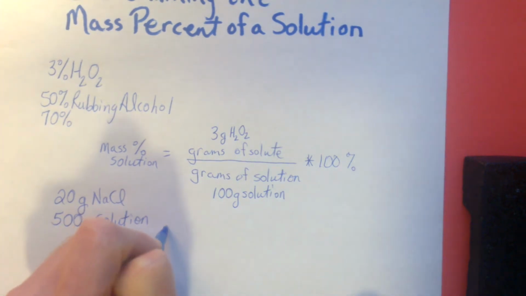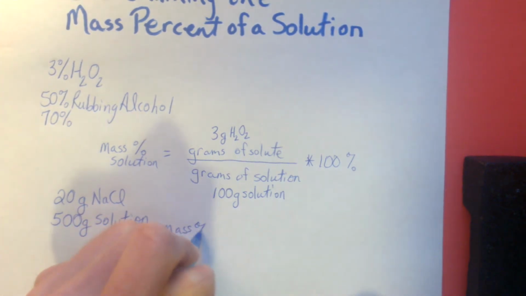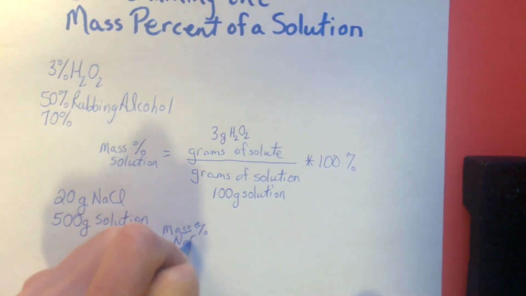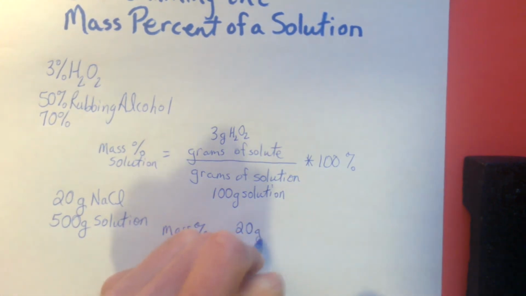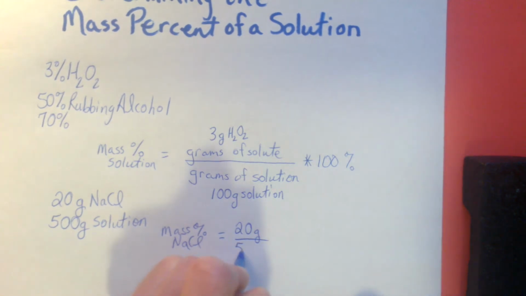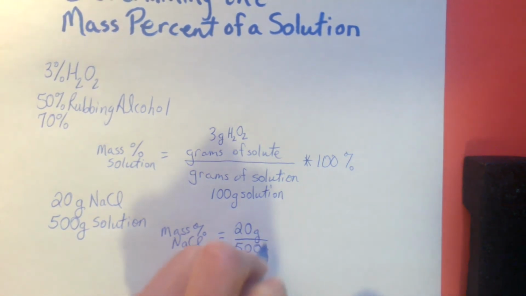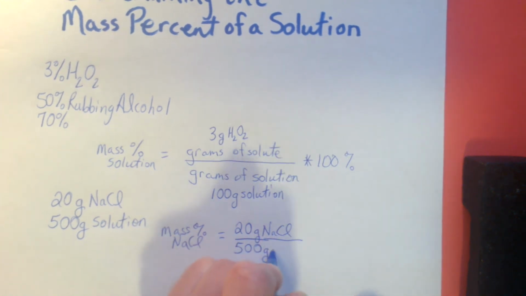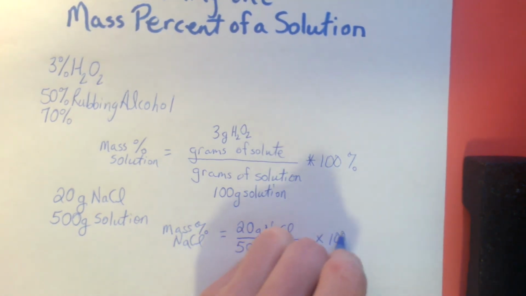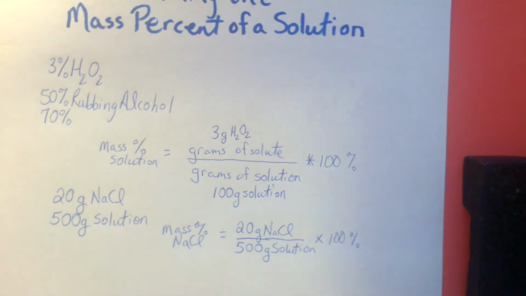Then our mass percent for this salt water solution would just be 20 grams divided by the 500 grams, because this is the solute, divided by the total mass of solution. And then we would just multiply by 100 for the percentage marker.